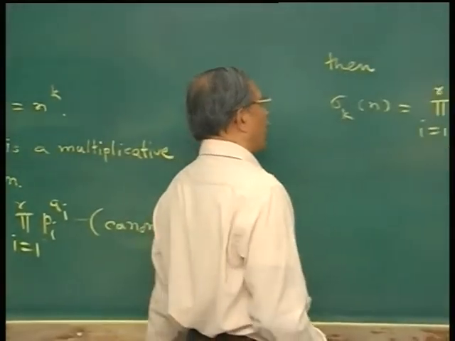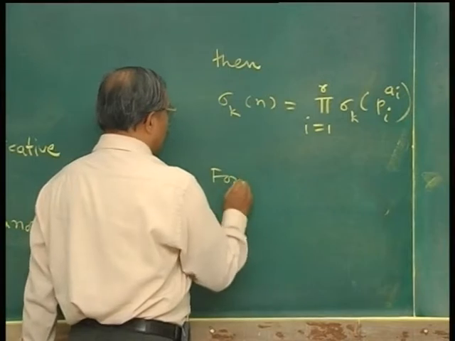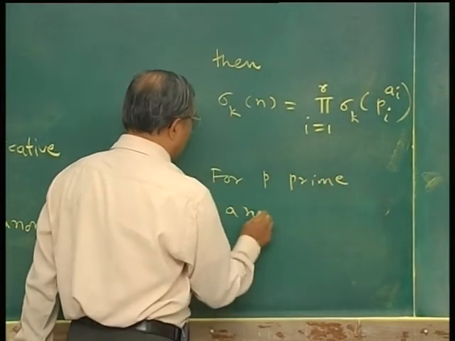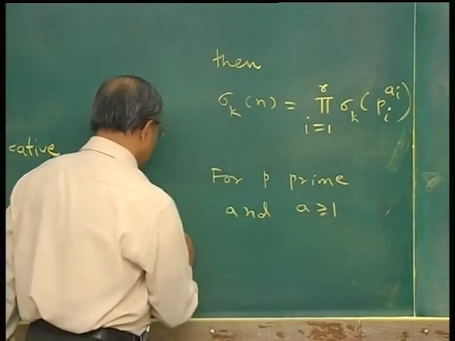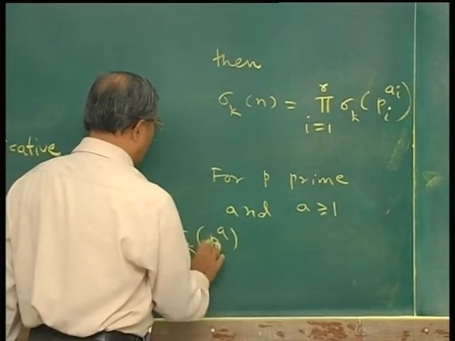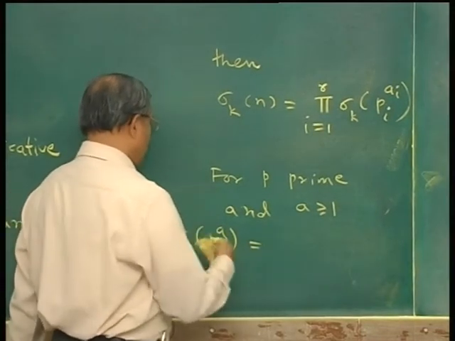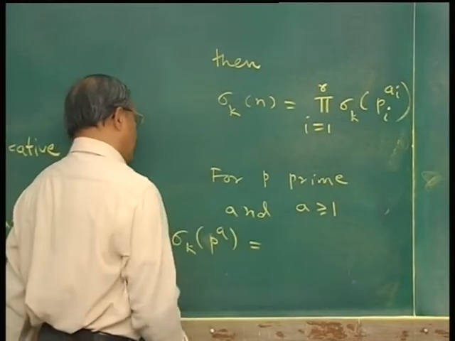What is sigma k of pi raised to ai? So take any prime p and a bigger equal 1, sigma k of p raised to a. What is that? So you should take the divisors of p raised to a and take their kth powers.